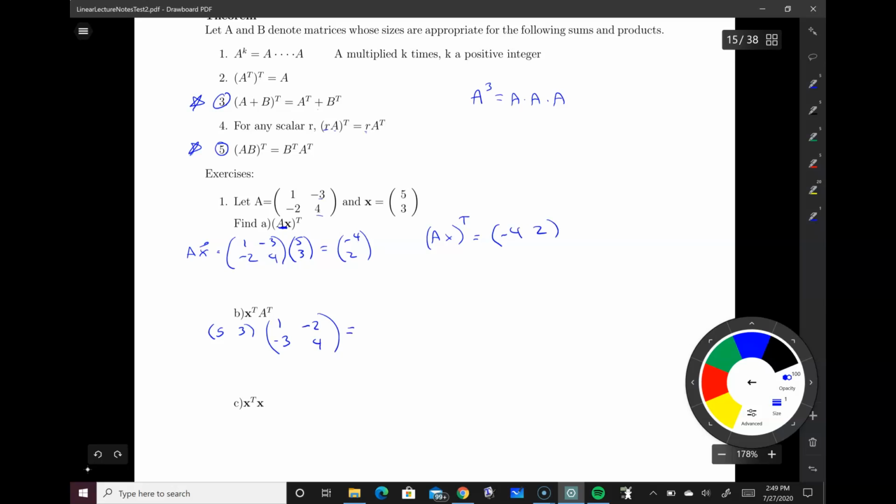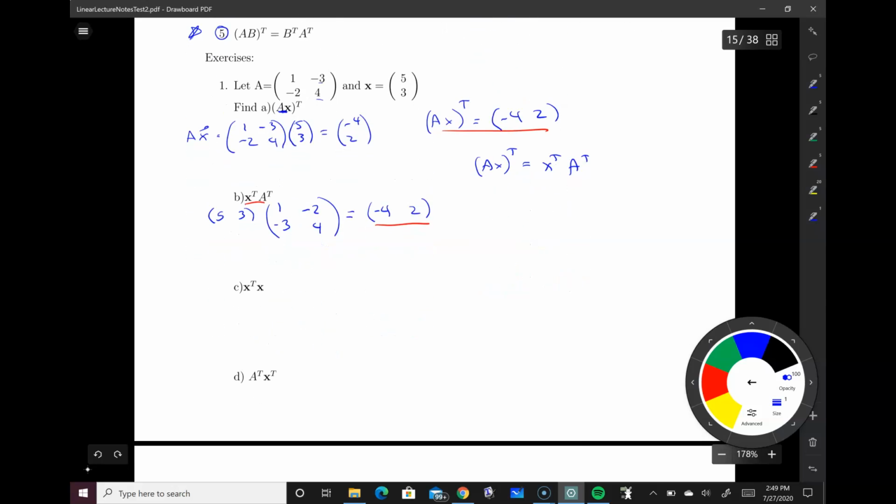And then doing matrix multiplication, we get 5 minus 9 is -4. 10, -10 plus a 12, that gives me a 2. Oh, will you look at that? So AX transposed is X transposed A transposed. So these turned out to be the same. Just got to illustrate it.